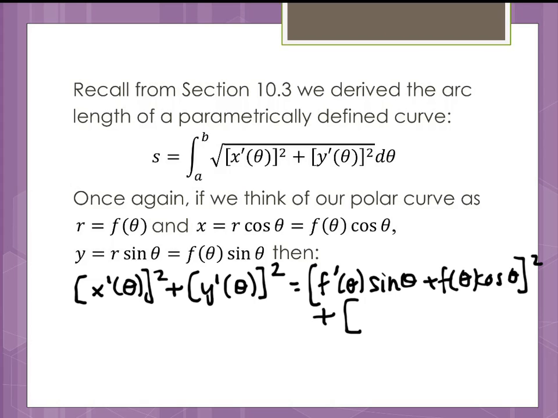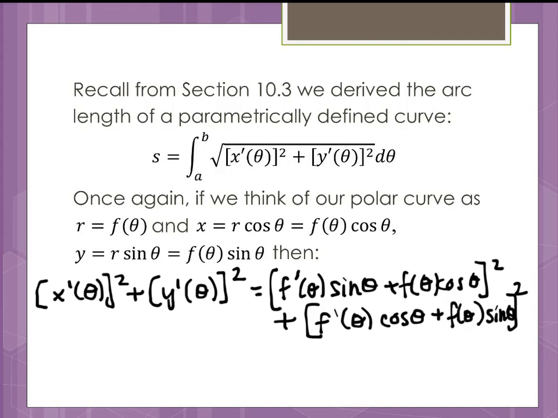And then for y, we had f prime of theta sine of theta plus f of theta cosine of theta, squared. I'm running off the side of my page. Hopefully you're not. Okay, so that was from last time, those particular pieces.